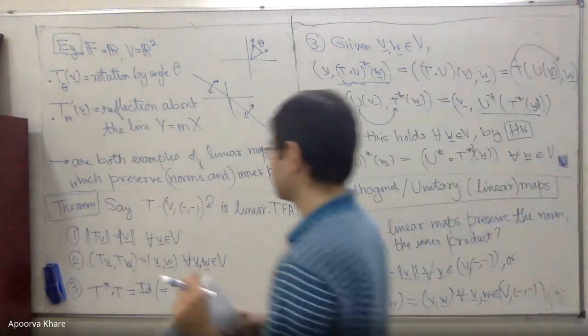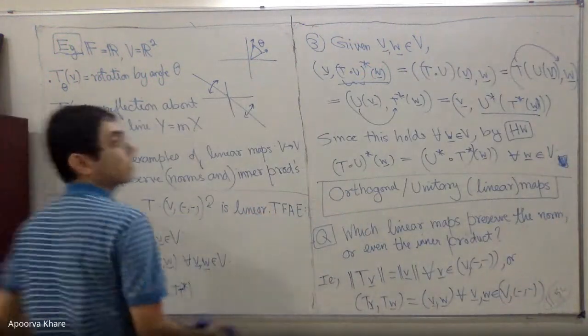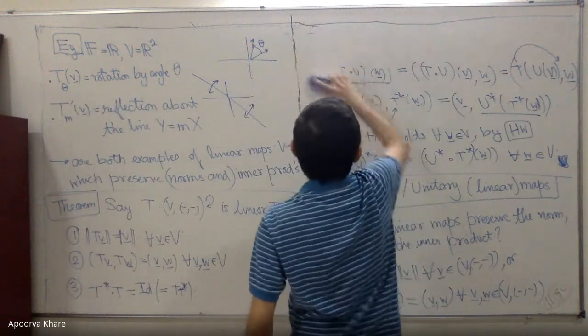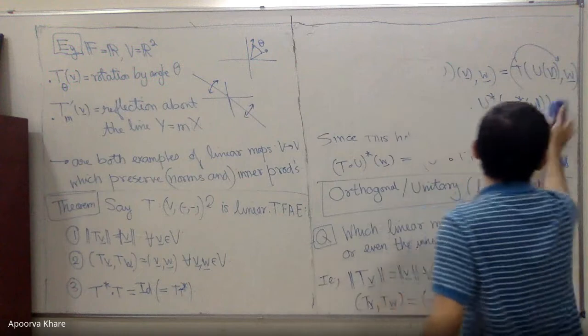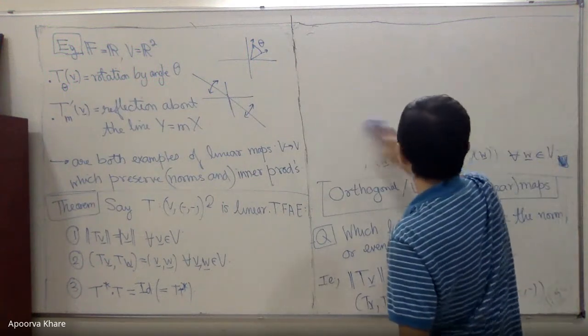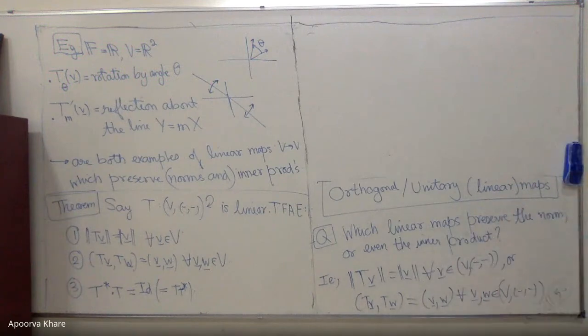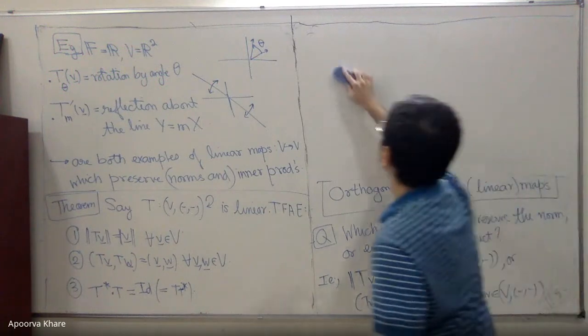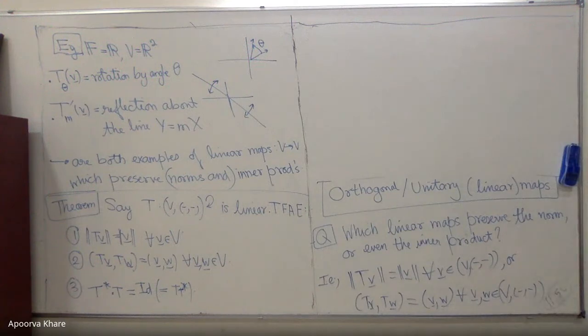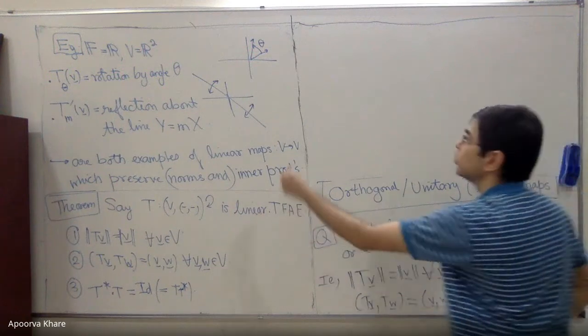Why is this true? Let's prove this. First of all, as I already told you, 2 implies 1 is trivial.